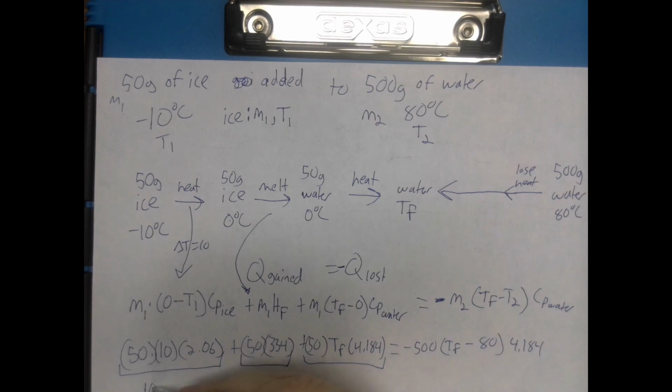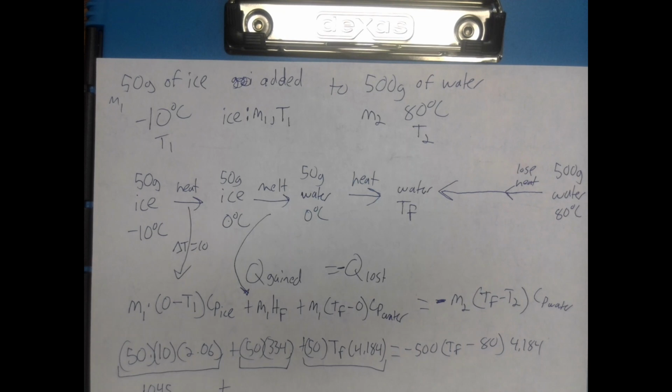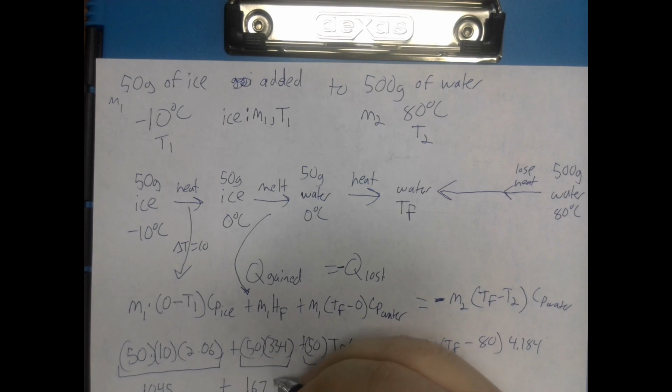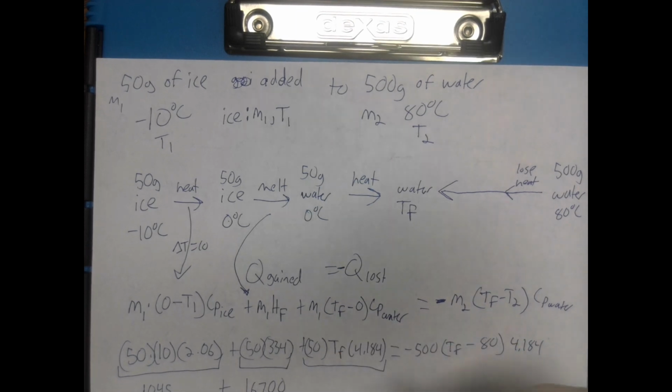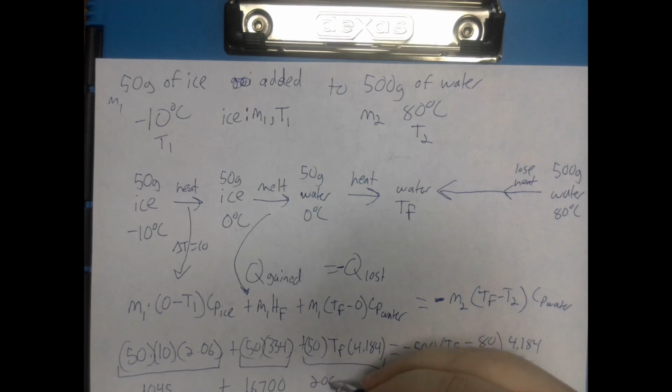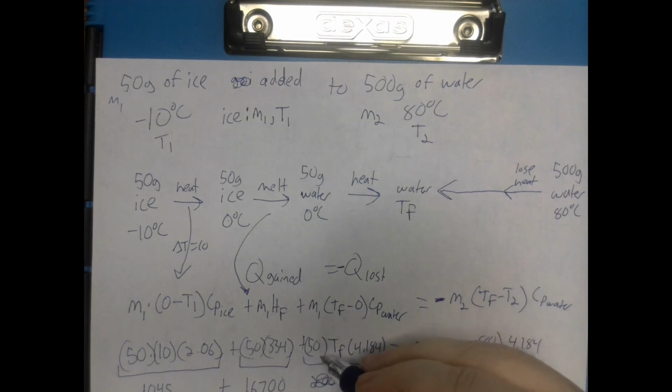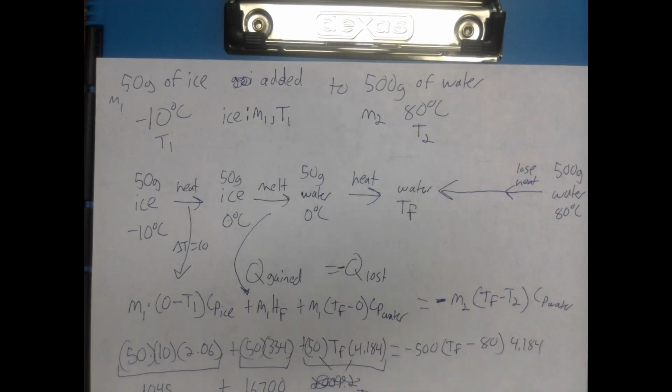That is 1,045, plus 50 times 334 is 16,700. 50 times 4.184 is 209.2, and that'd be Tf, so I took these two and multiplied them together and then multiplied by Tf.